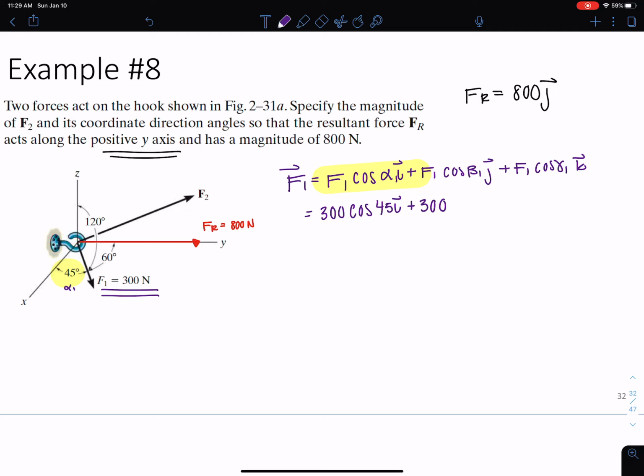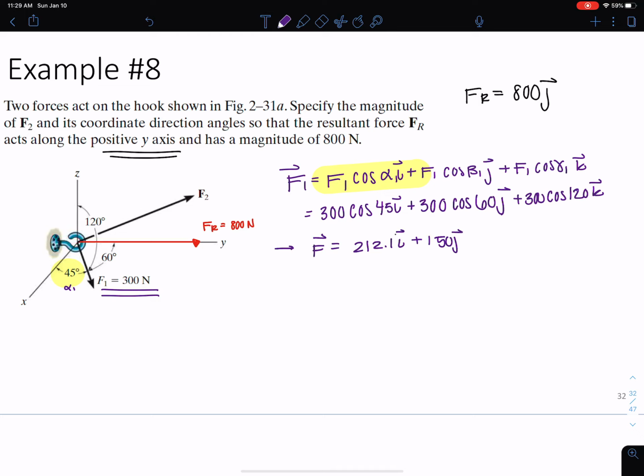Plus 300 cosine beta 1 is going to be measured from the y, that's going to be 60. Plus 300 cosine my angle from the z, which is 120, in the k. And now I just need to simplify these into 212.1 in the i plus 150 in the j.